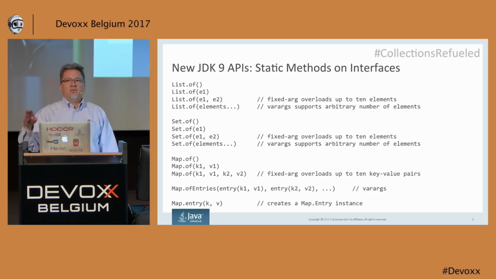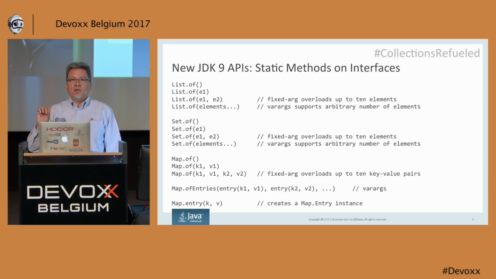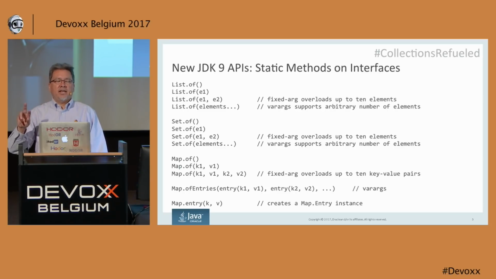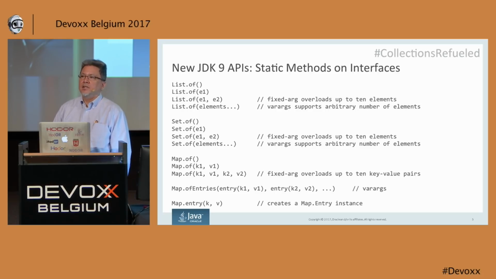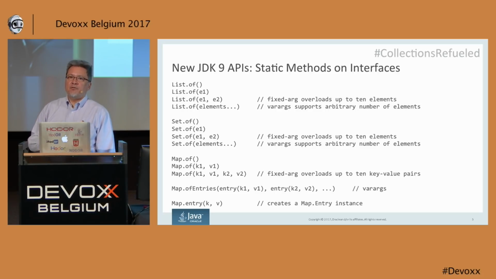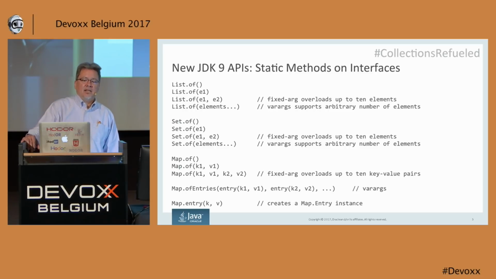So instead we had a set of fixed-argument overloads for Map.of, where they alternate the key type and the value type. And we have that going up to 10 map entries. But if you want more than that, there is a different method called Map.ofEntries that takes Map.Entry instances. And so that's a little more cumbersome.